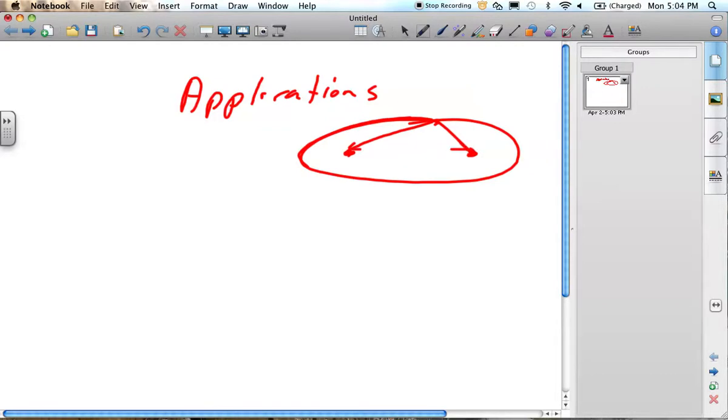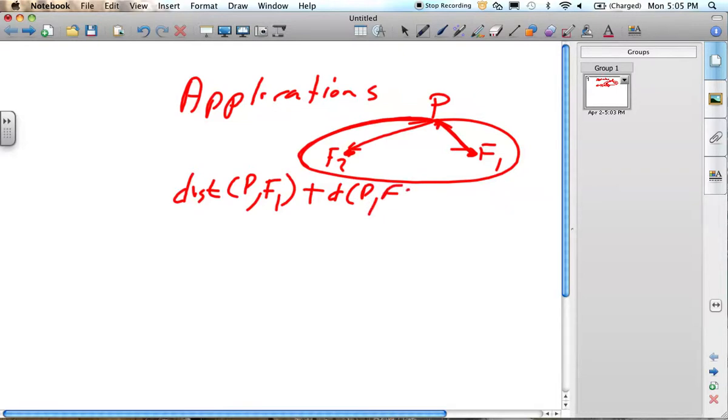Now, one thing you should have picked up from the reading is one of the basic definitions of an ellipse: for some point P, the distance between P and focus 1, plus the distance from P to focus 2, is a constant, and it happens to be 2A.